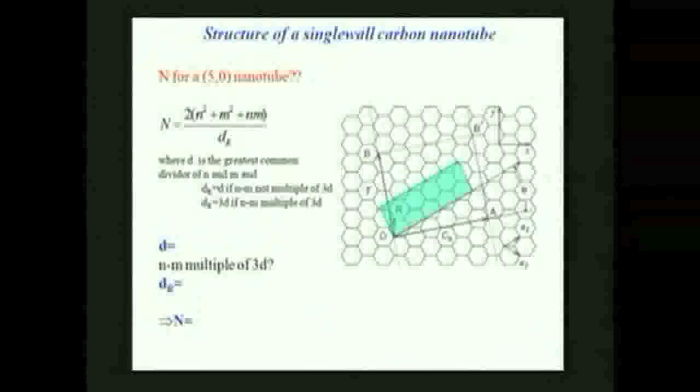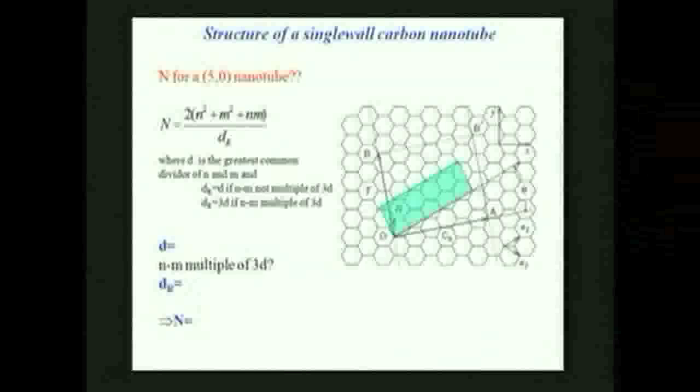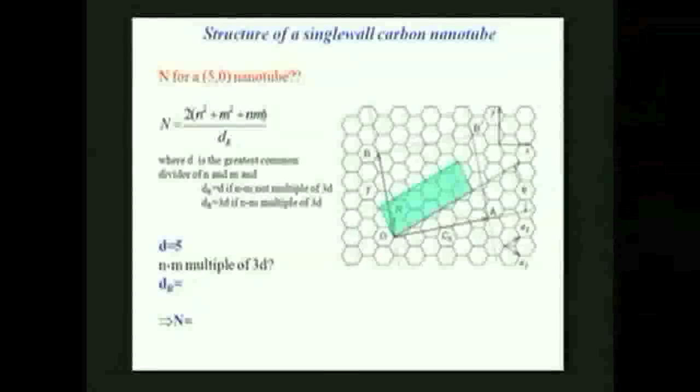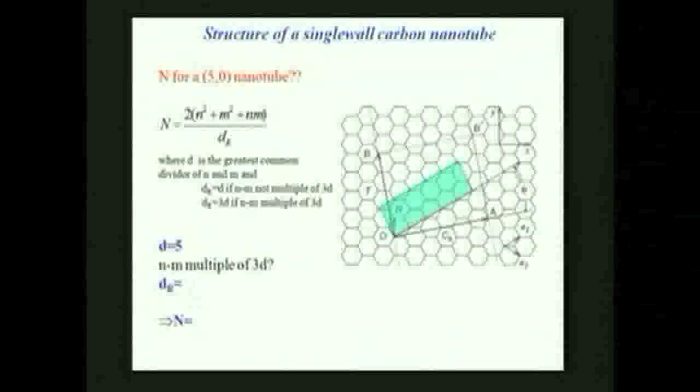Let's start by calculating d, which is the greatest common divider of n and m, that is the greatest common divider of 5 and 0. Which is the greatest integer that divides both 5 and 0? 5. Is n minus m a multiple of 3d? n minus m is 5 minus 0, that is 5. Is 5 a multiple of 3 times 5, that is 15?